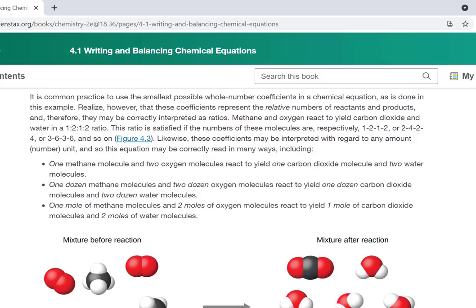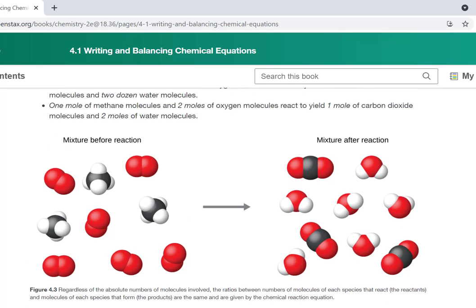What actually happens looks more like this at the molecular level. You have what looks like a random assortment of molecules, and then when the reaction is done, you have another random assortment of some different molecules, and you might even in some cases have some of the same molecules. We're not showing that here. But that's the complexity that we're trying to simplify into something we call a chemical equation.